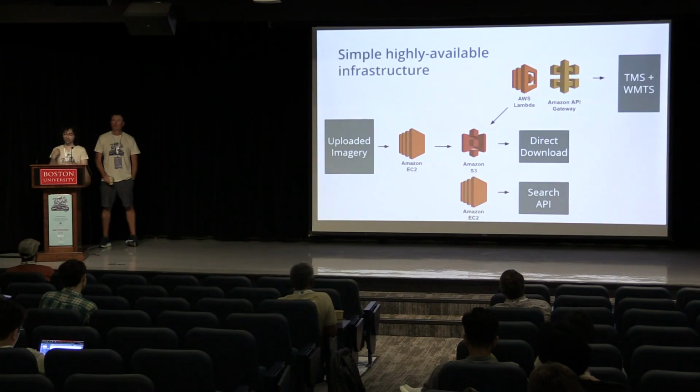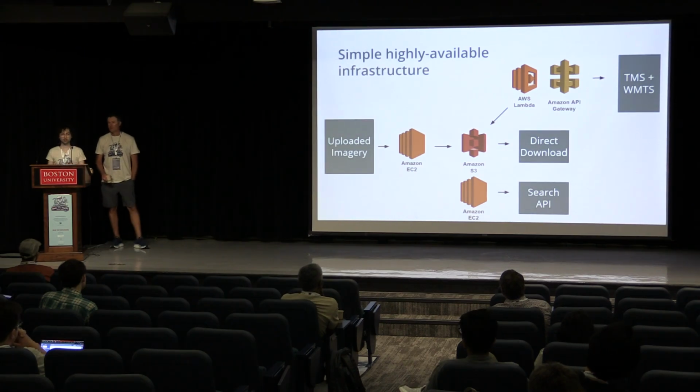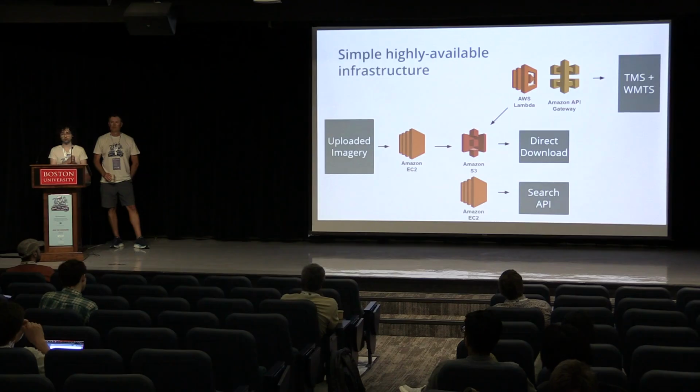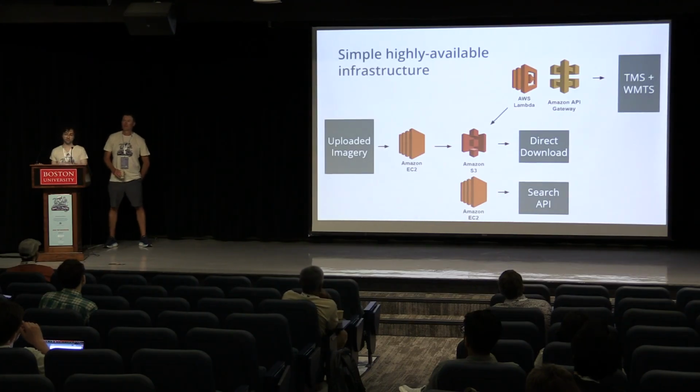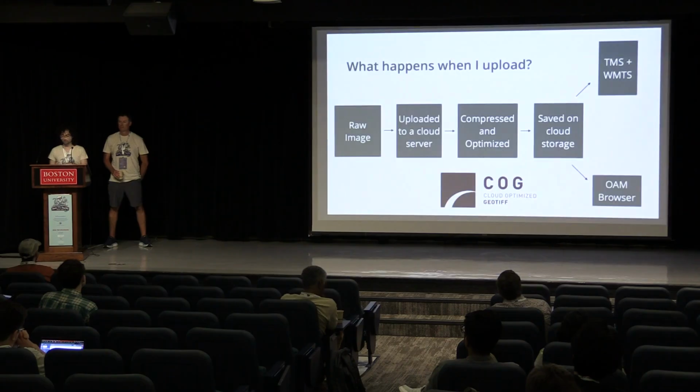And then it's served using, currently, actually as of this year, TiTiler through AWS Lambda. So it's a serverless tile server. And then also our API is hosted on EC2 for being able to access the back end and the front end of the map. And so that's how we make it available for direct download or for access as a TMS.